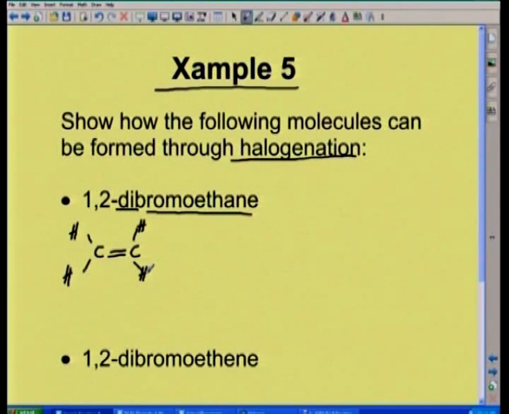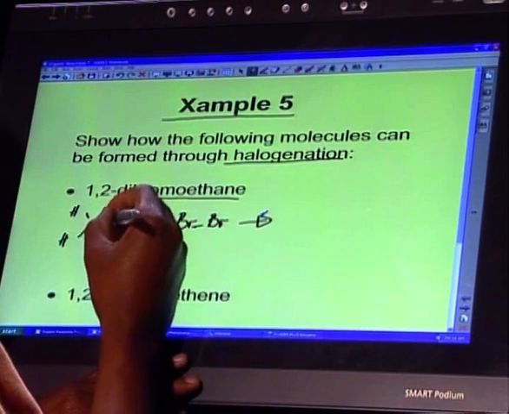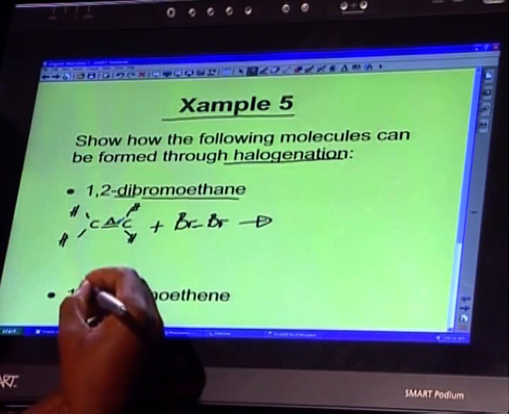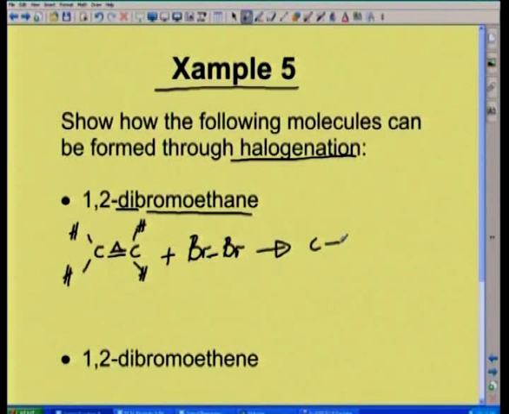That's what I have. Now, if I add a bromine molecule, Br2, what am I going to have at the end? One of the bonds breaks up, so I have a single bond between carbon atoms now. So what is remaining here now?